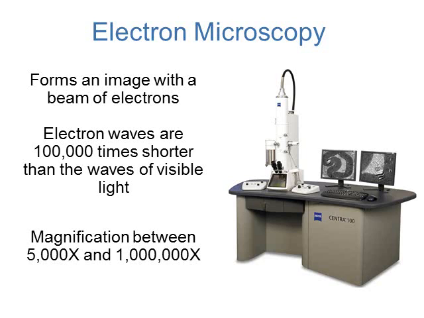So electron microscopes allow us to magnify and to resolve to very, very high numbers. They can magnify between 5,000 and 1,000,000 times. And our microscopes that we have in lab only magnify up to 1,000 times. So you can see that you can magnify a lot more with these electron microscopes.